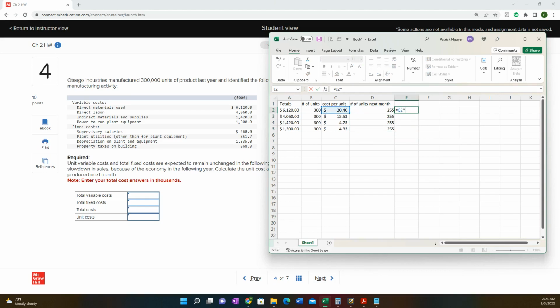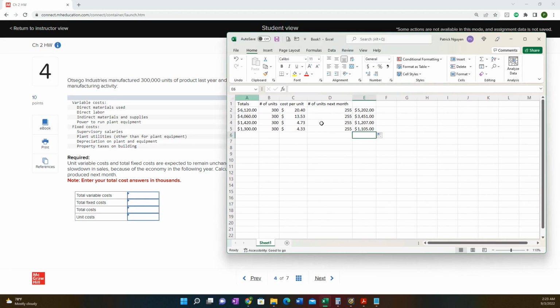Then I highlight, go to the bottom right corner and drag down, and those are all of my amounts. Next, I click the cell below these totals. I push the sum amount equals, and it's 10,965. So my total variable costs is 10,965.